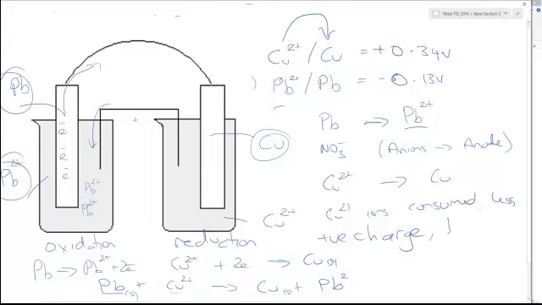So it means potassium ions will move out of the salt bridge to replace them and maintain charge neutrality.